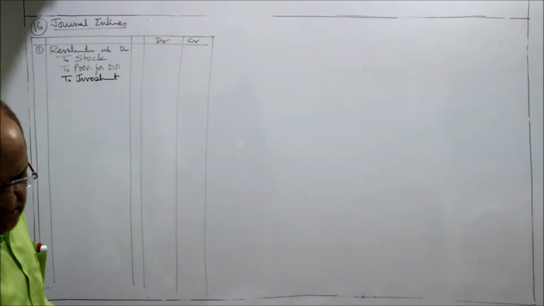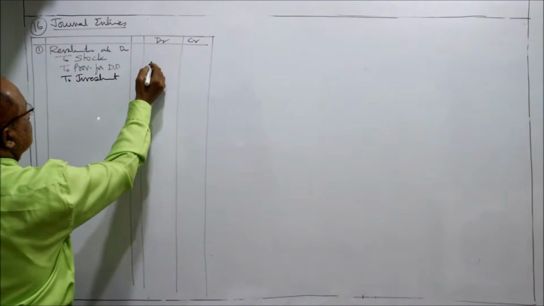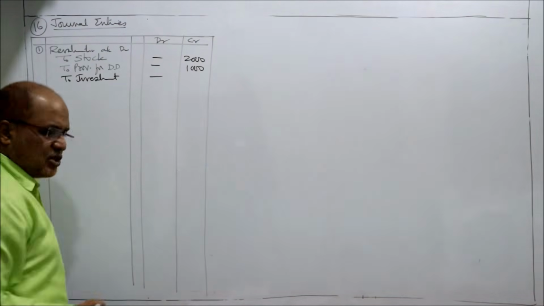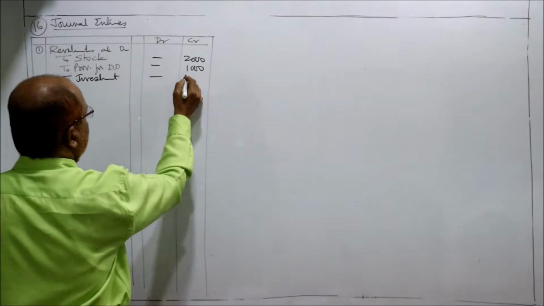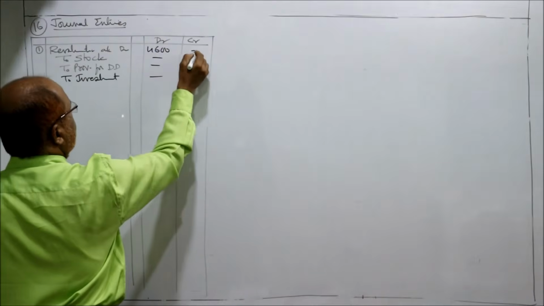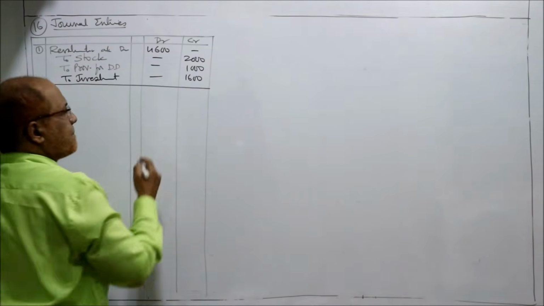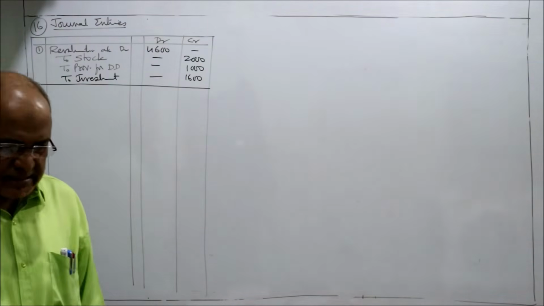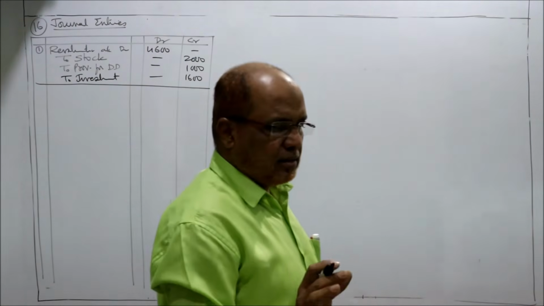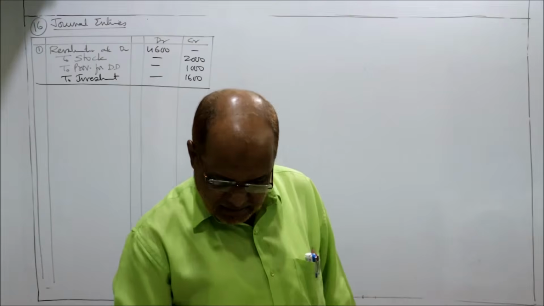Three assets we are decreasing. Stock 2,000, provision for doubtful debts 1,000, investments 1,600, total 4,600. We have decreased the three assets. Narration: being the value of assets decreased.